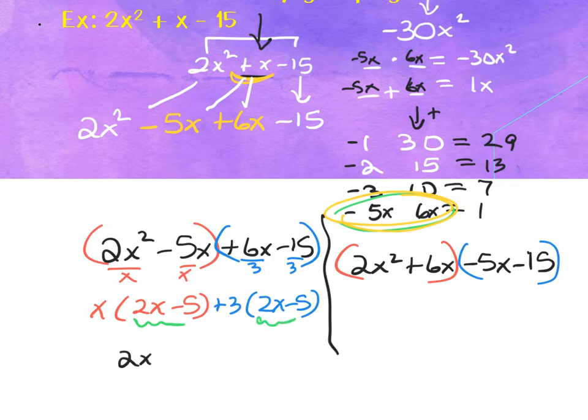So just write it once. And then now take this red and this blue, and it goes together. And you're done. On these harder trinomials, I highly recommend that you FOIL it. It'll double check that you've picked the right numbers and the right signs.